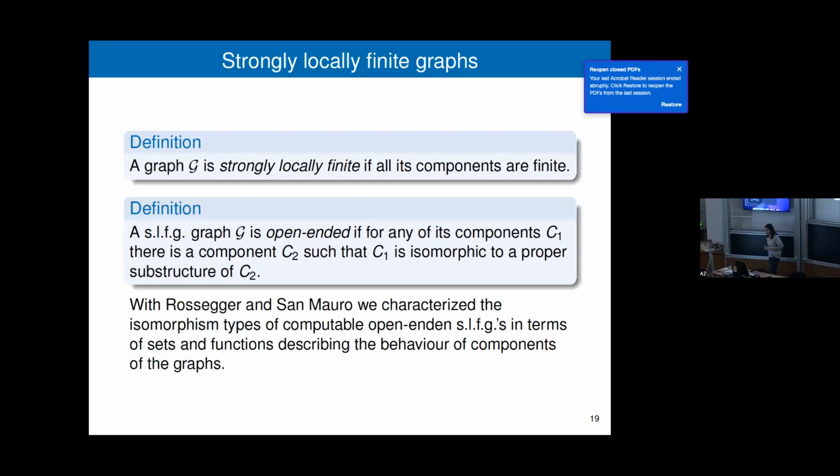These are the graphs that we looked at first, together with Dino Rossegger and Lucas Amaura. For those, we could completely characterize how the isomorphism types and their bi-embeddability types look. It is very analogous to the case of equivalence structures, in terms of character and some modifications of limit-wise monotonic functions, things like this.